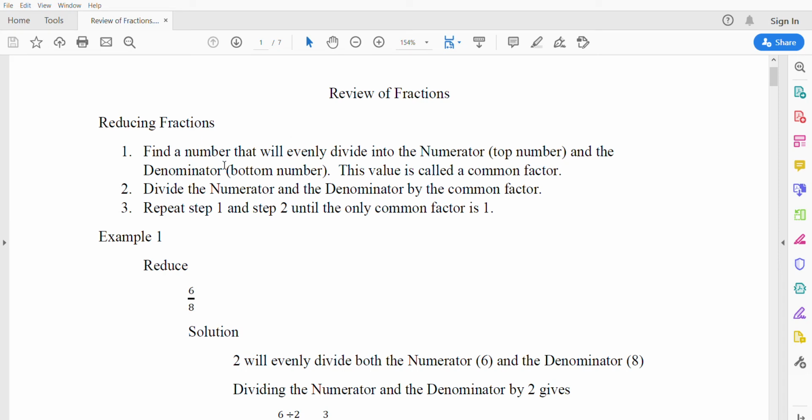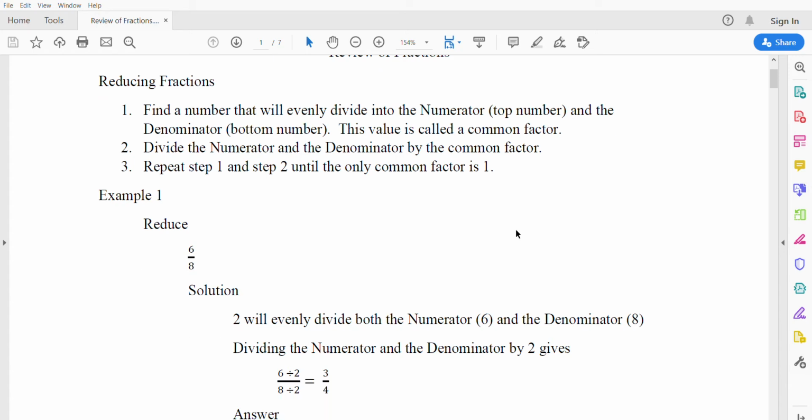So we want to find the number that divides into top and bottom evenly. This value is called a common factor. We are now going to divide the numerator and the denominator by the common factor. And then after that, we are going to repeat steps 1 and 2 until the only common factor we get is a 1. So let's take a look at a few examples.